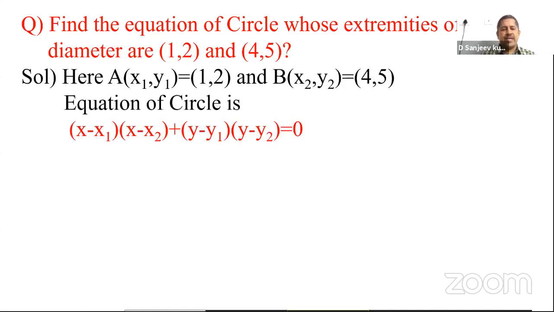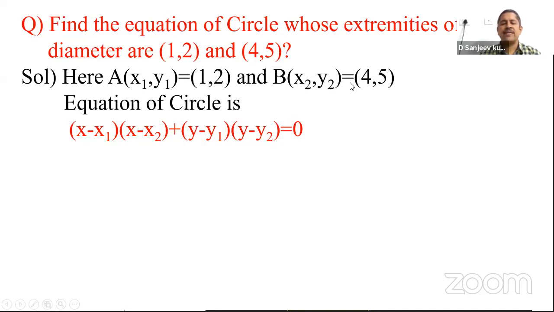Yes, it is (x − x1)(x − x2) + (y − y1)(y − y2) = 0. Now, what is the value of x1, y1 and of x2, y2 here? The first point is x1, y1, and this is x2, y2. So x1 is 1, y1 is 2, x2 is 4, y2 is 5.